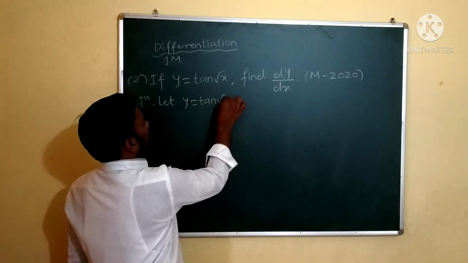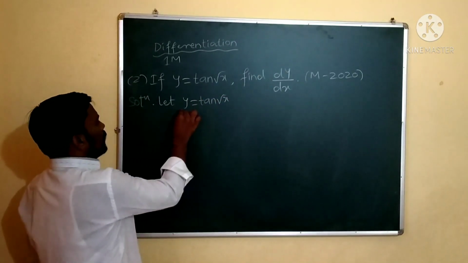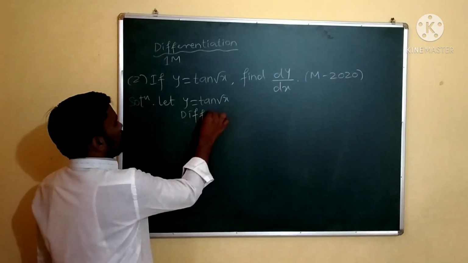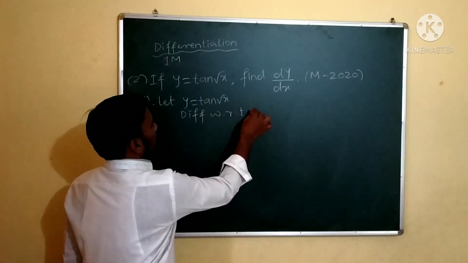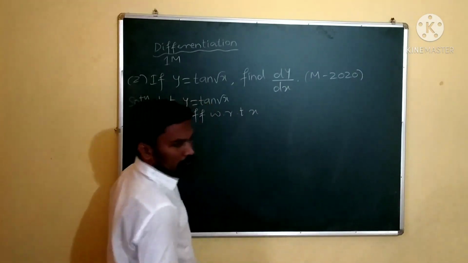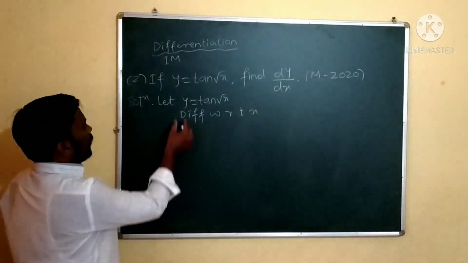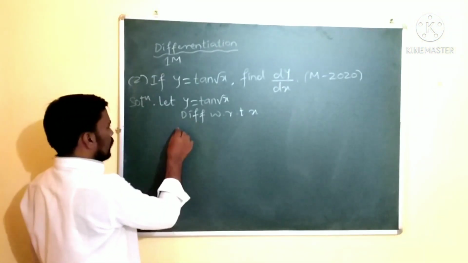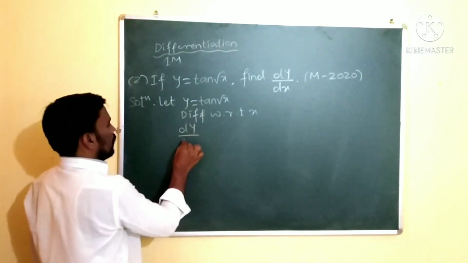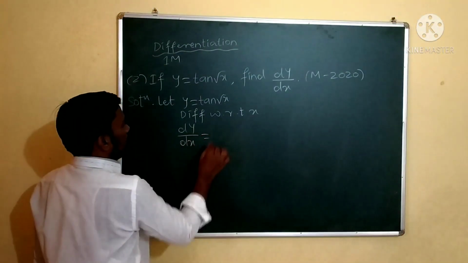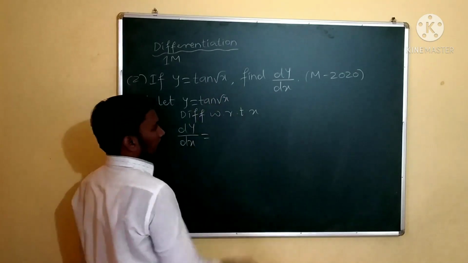Differentiating with respect to x, dy by dx is equal to the derivative of tan x.